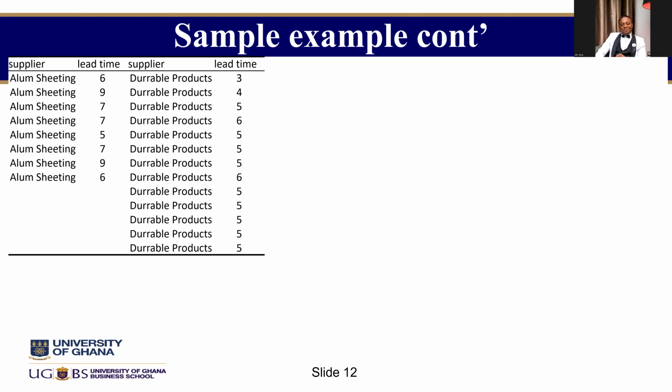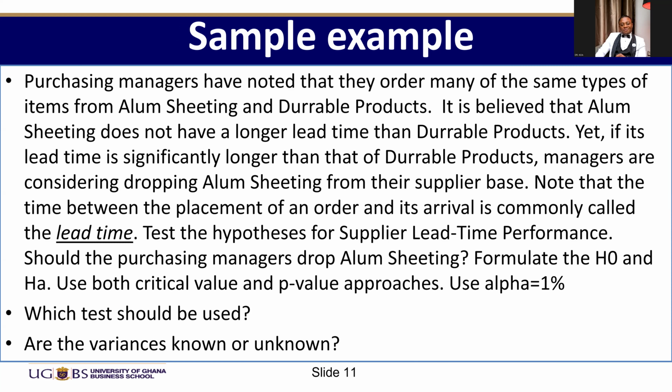So this is the data set. You have the supplier. So this organization that we are looking at has a manager, and that is the purchasing manager. I'm trying to explain it to you, but ideally, if it was an exam situation, you got to understand it in total yourself.